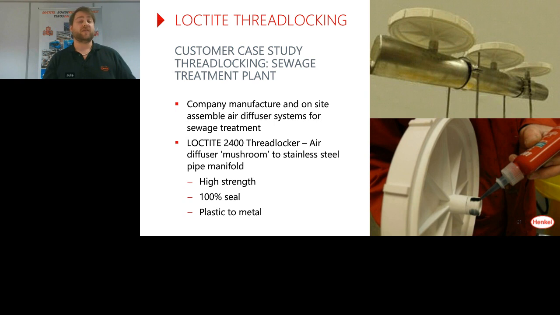They can range from the fitting materials, thread size, if they're coarse or fine fittings, whether we need a low viscosity or a high viscosity or a stick presentation that you saw before, right through to the maintenance frequency and the strength required to resist the loads seen during operation. 80 or 90% of all applications could be completed and satisfied with maybe just 2 or 3 of our thread locking adhesives, but the range we have allows us to specify and recommend the correct product for your individual application and needs.